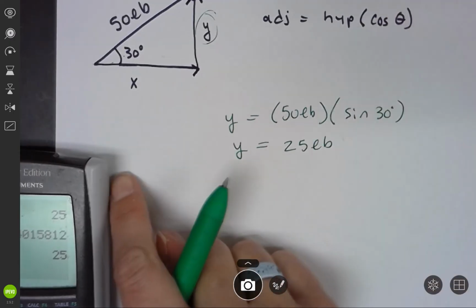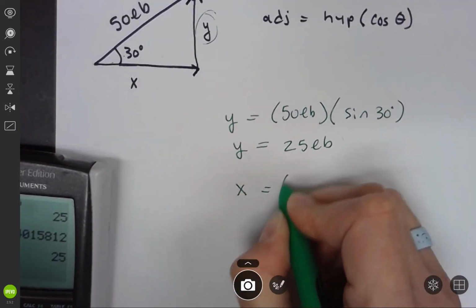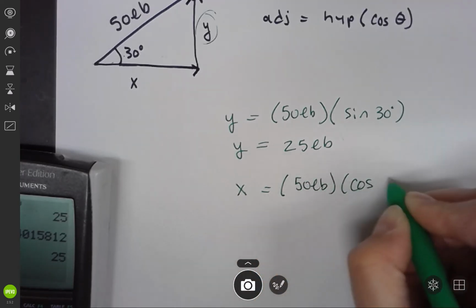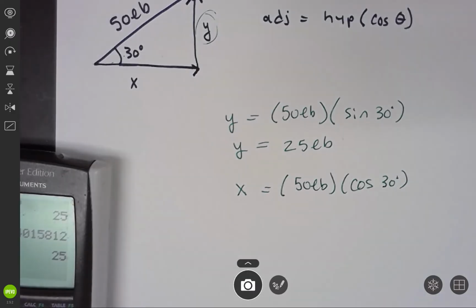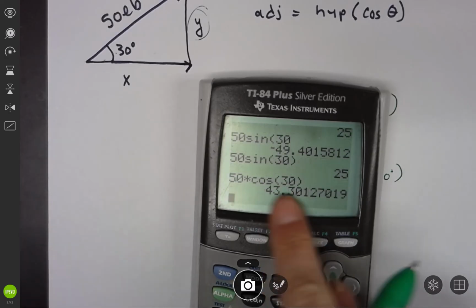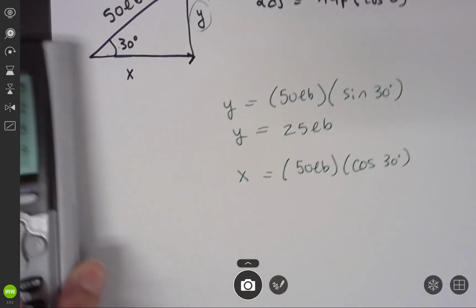Let's do the exact same thing to find x. X is going to be my hypotenuse, 50 pounds, times the cosine of 30 degrees. All right, I'm going to type in 50, multiply it times the cosine of 30, and I get this kind of crazy long repeating decimal. Let's round that to 43.3 pounds.